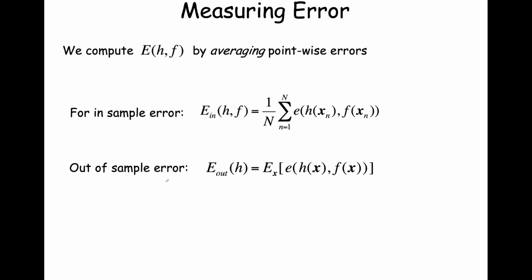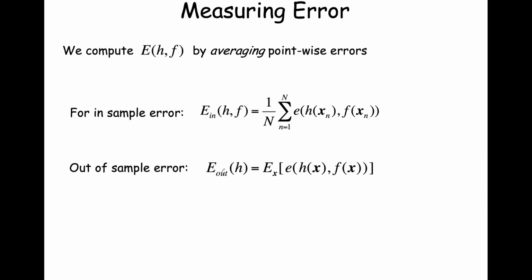Out-of-sample error: we discussed this idea of a probability distribution as being responsible for giving you the feature vector instantiations that you have. And these are feature vector instantiations that live outside of your sample. You have not seen them yet. And because it's a probability distribution, we can't take the average, we take the probabilistic average, or the expectation.